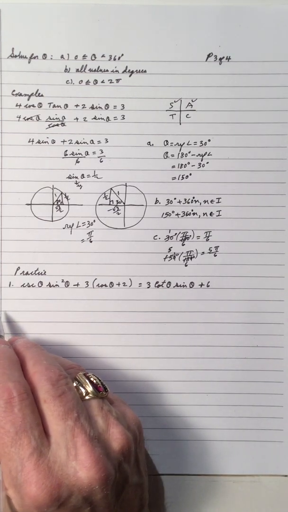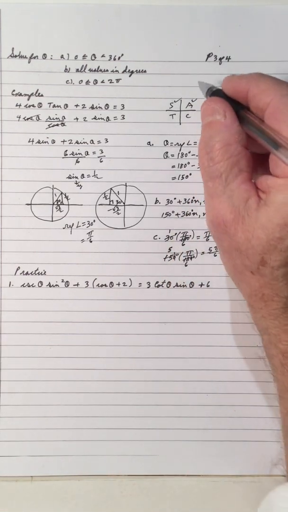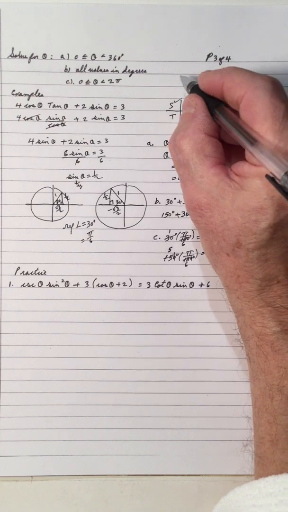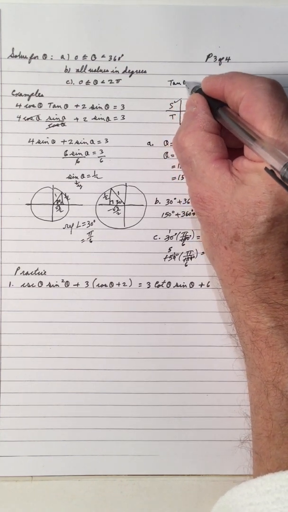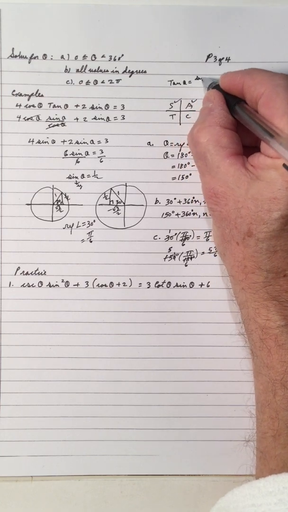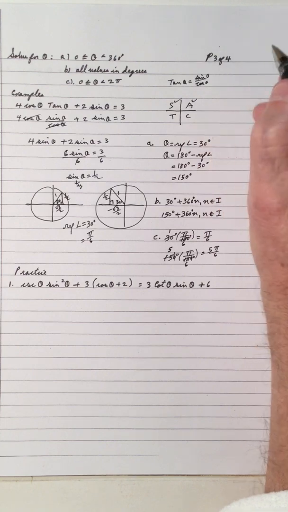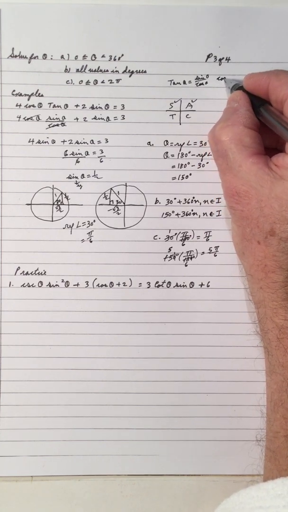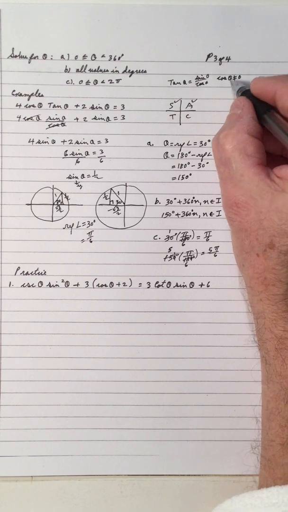And we also have one idea that I didn't mention, and I should, on this question. We have tan. Tan is sine over cos. So we have to be careful that cos theta is not equal to 0.